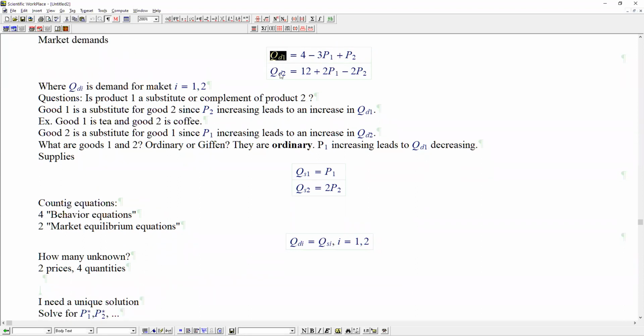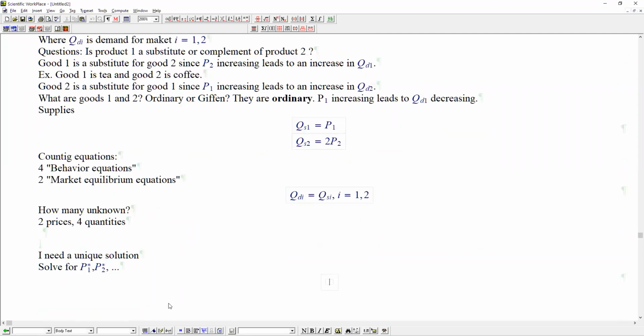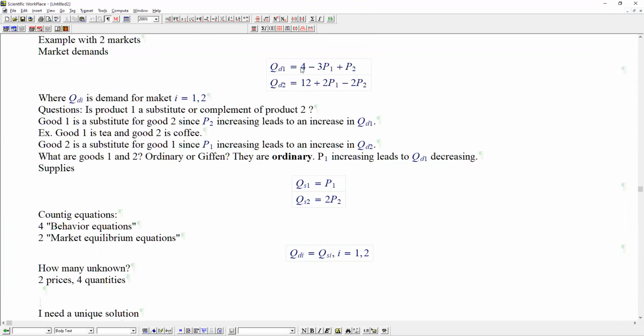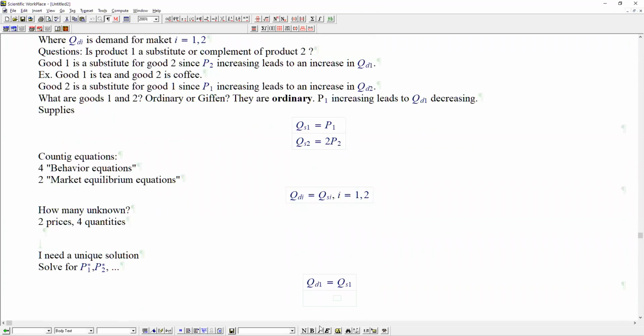Let's start with QD1 equals QS1. So I get this equal to this.